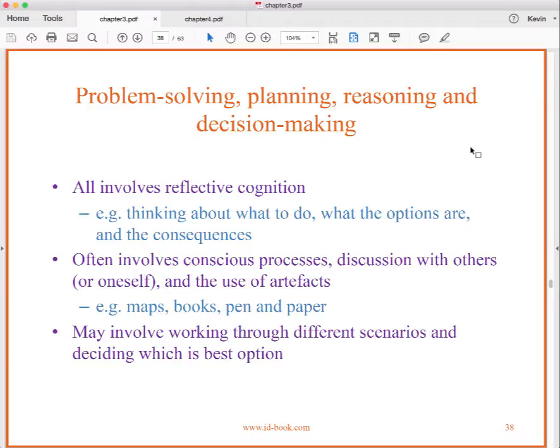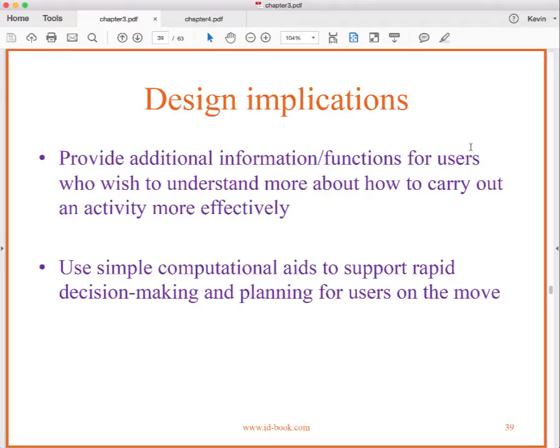Discussion with oneself is always a favorite for me, and the use of artifacts. And by artifacts, we mean maps, book, pen, paper, etc. They may involve working through different scenarios and deciding which is the best option. Okay, so this is a pretty rich and challenging environment when we're trying to do these things.